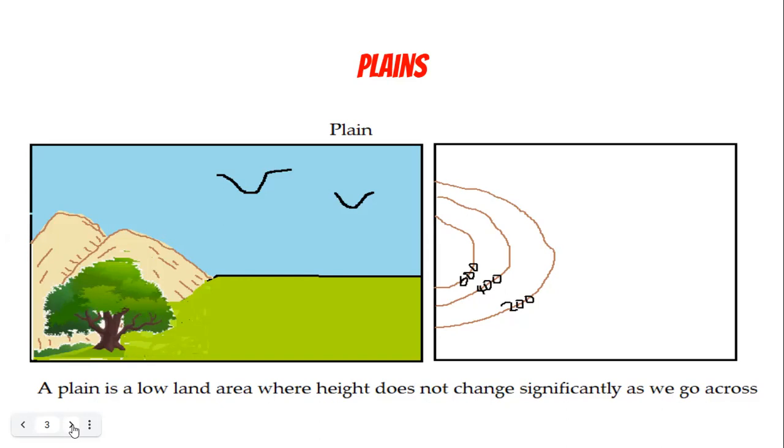But if we move towards the right, we notice that there is an absence of contour lines. The reason there is no contour line is because over on that side, the height is not changing at all. So we don't need to put any contour lines there. So on a map, a plain is represented by the absence of contour lines.